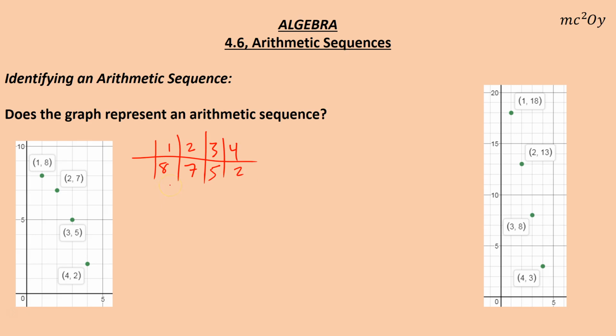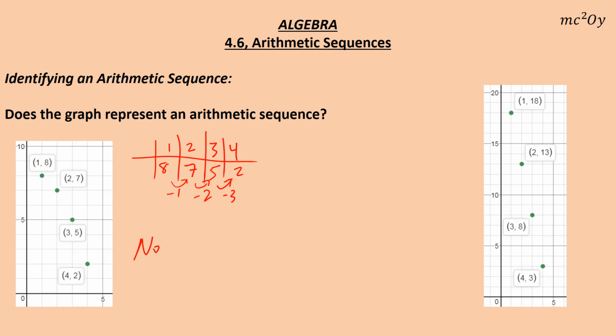Well, if it represents an arithmetic sequence, that means I have a common difference. I'm going up or down by the same amount. Well, in this case, I'm going down 1, then I'm going down 2, excuse me. And then I'm going down 3. So no common difference. And you'll notice they don't lie in a line either. That's the easy way to look at it. Hey, these aren't in a straight line. So no.